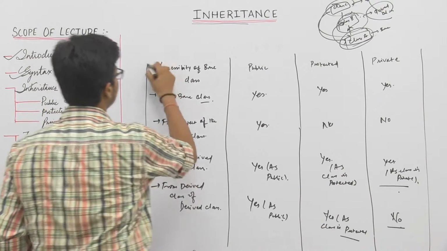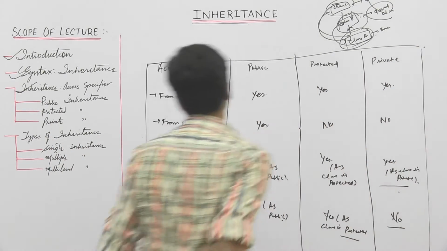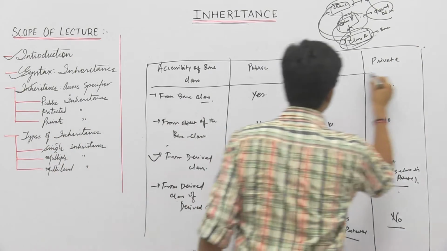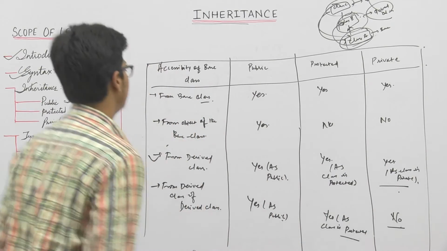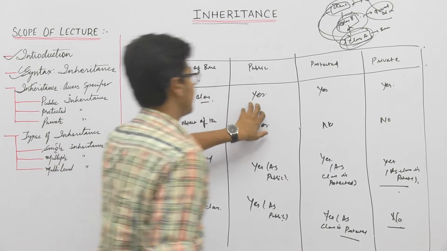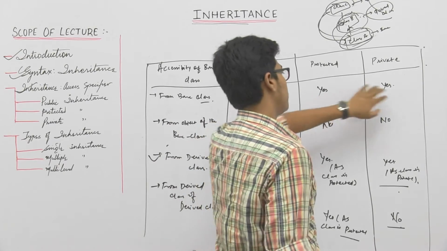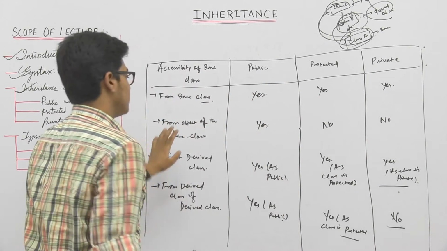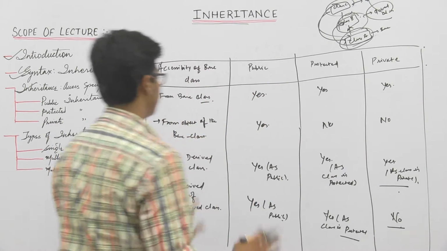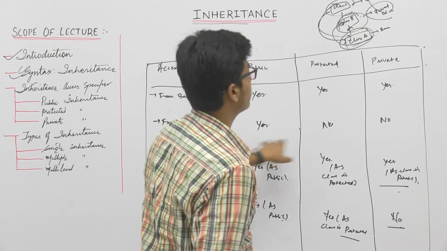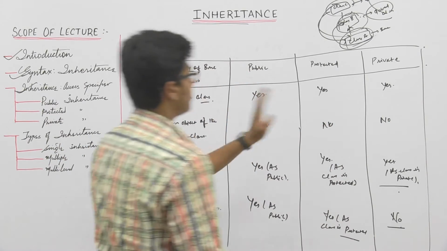So here is the table for accessibility of a class in public, private, and protected mode. From the base class, yes, you can access in public, private, and protected mode. From the object of the base class, you can access in public mode, but cannot access in protected and private mode.